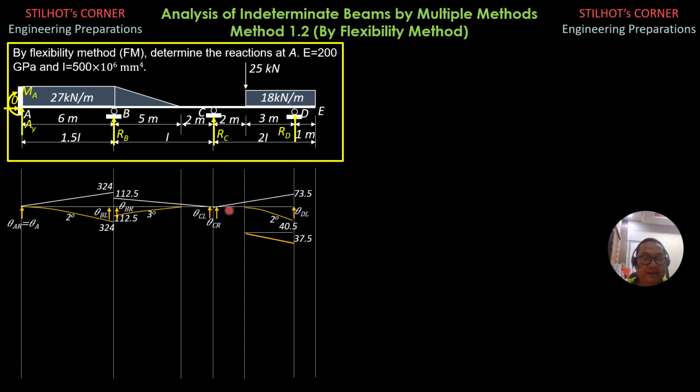So the moment at D due to the reaction is only 73.5. Supposedly 78, then minus the moment due to this overhang, negative 4.5, so 73.5. So I hope you understood the explanation of these preparations of this moment diagram by parts.